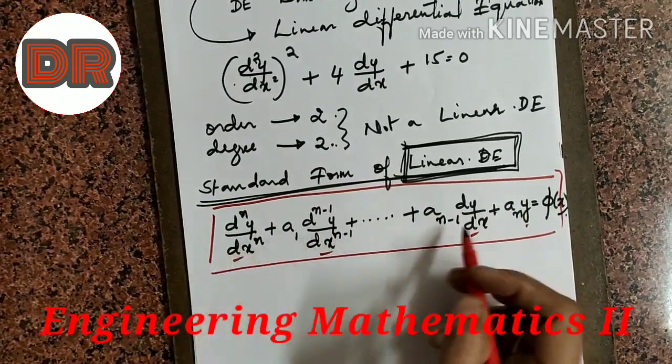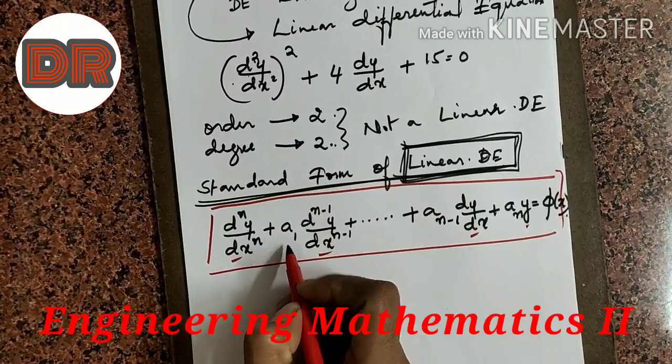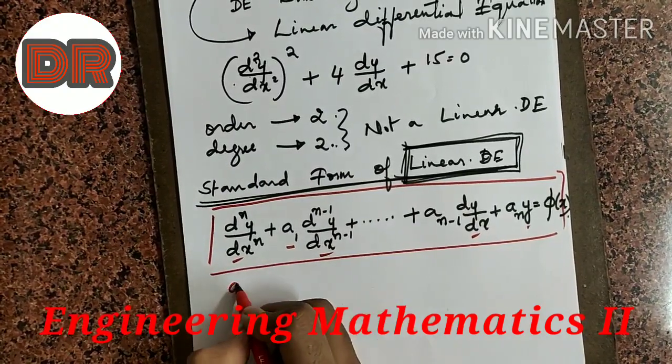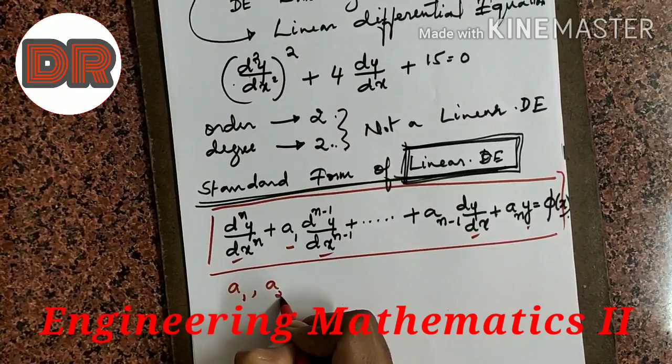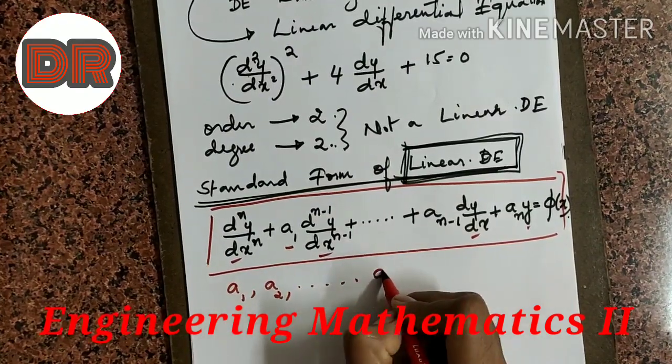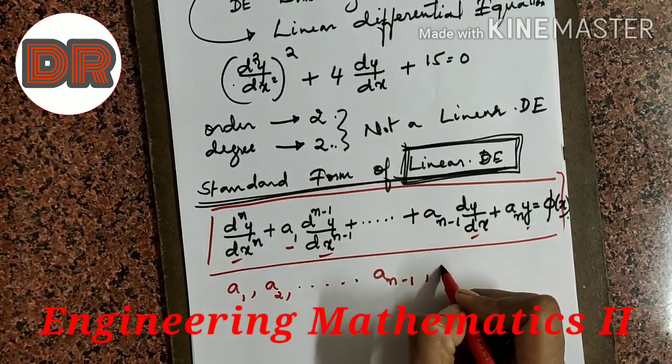Along with all these terms, we have some other terms: a1, a2, and so on, a(n-1), an.